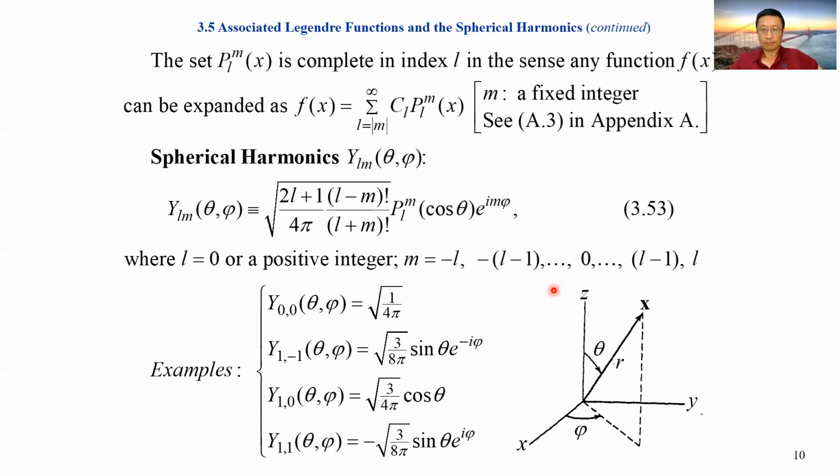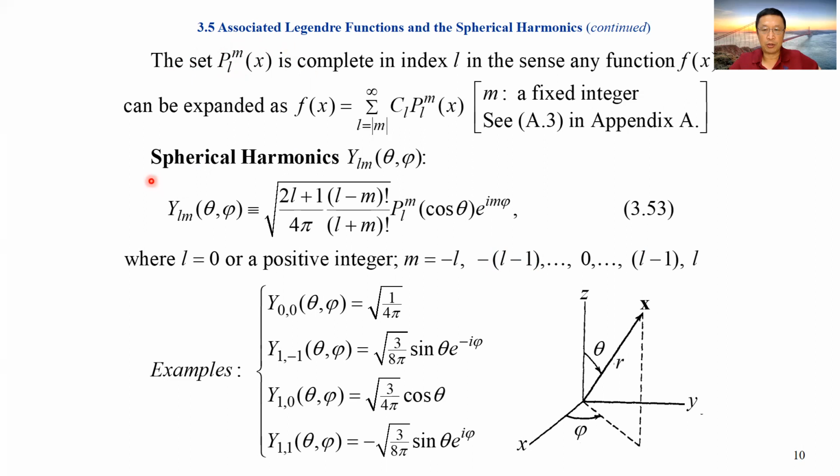So L runs from m to infinity. m is a fixed integer. I don't expect you to derive this equation by yourself, but keep in mind, P_L^m is a complete function set. That's it. If you have a chance to deal with P_L^m, that's good. Just do it. Don't be afraid of dealing with such a complicated polynomial.